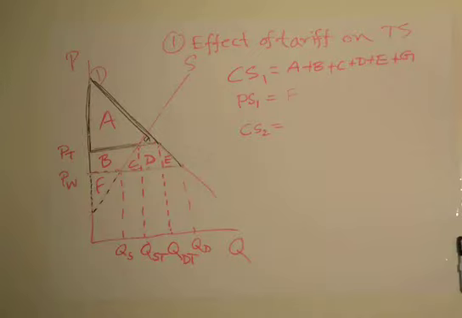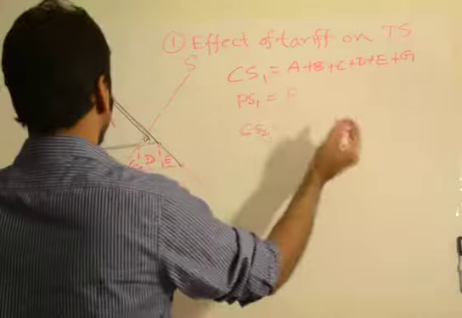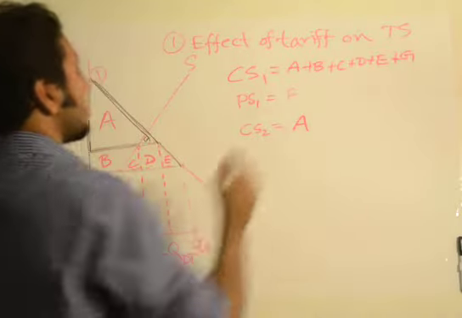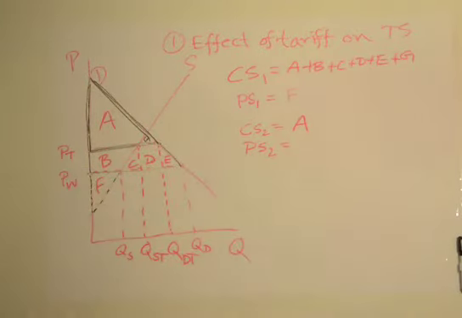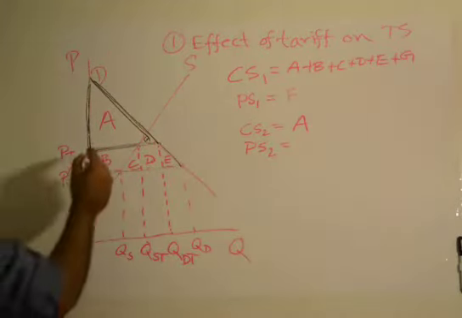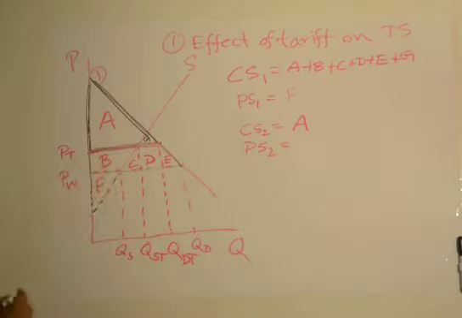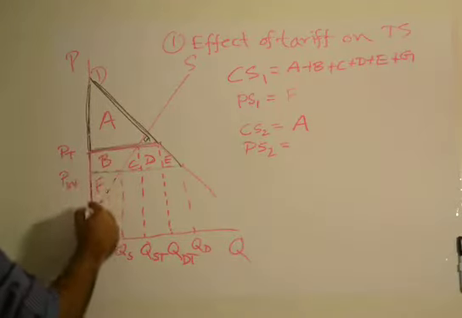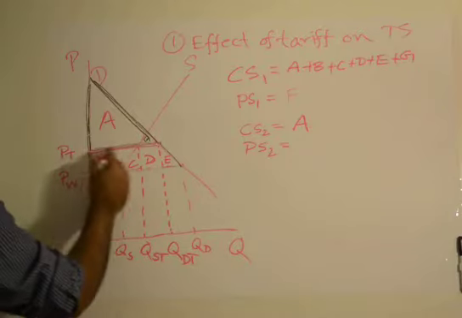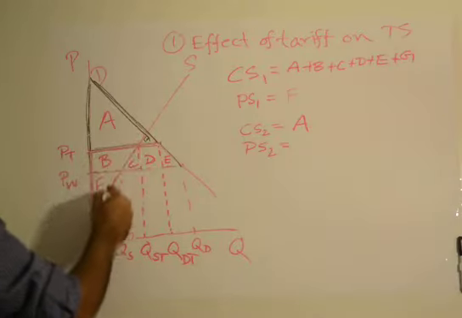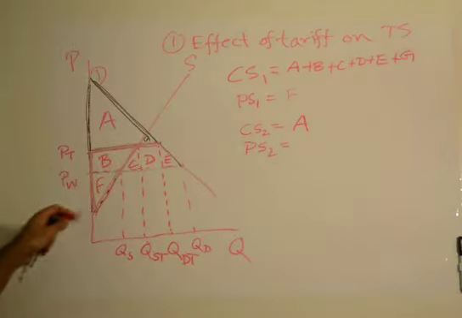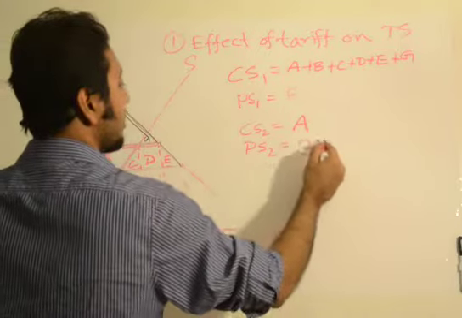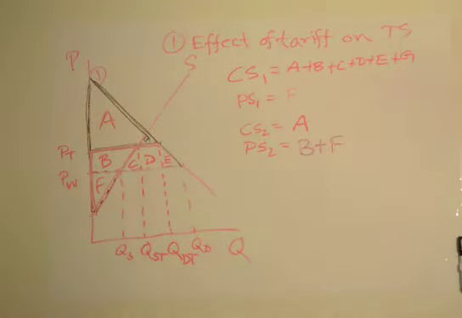So CS2, the new consumer surplus after tariff, is A, and the producer surplus PS2 is given by the area between the new price line, the vertical axis, and the supply curve. Okay, so this is actually B plus F. B plus F is our new producer surplus.